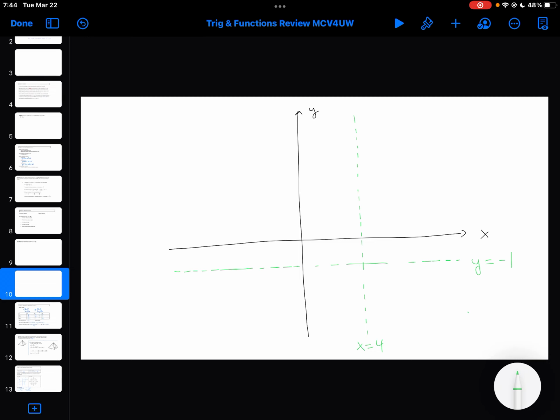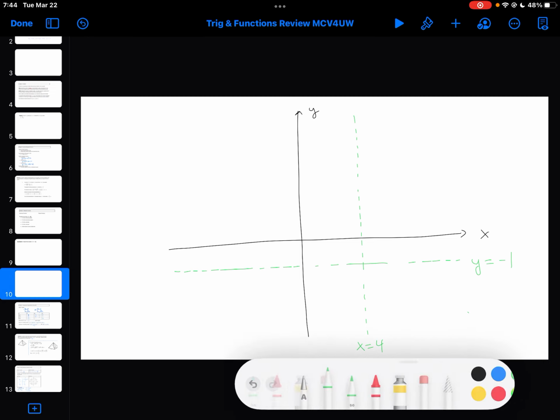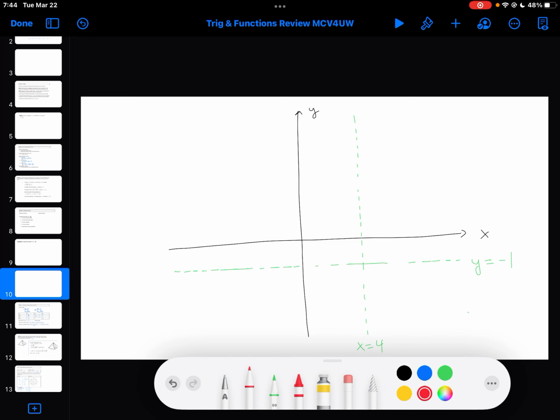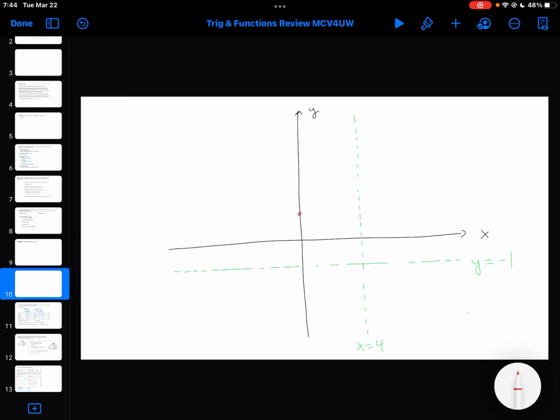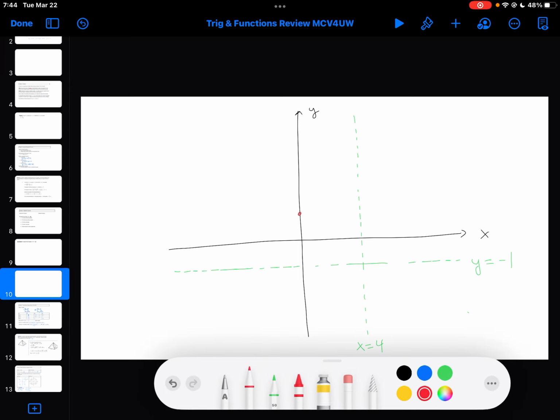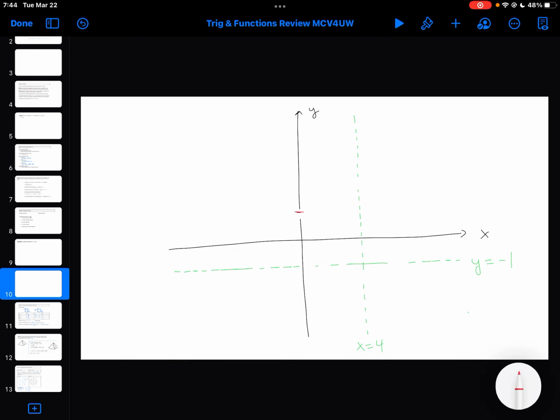The other two things that I know are my x-intercept and my y-intercept, so I'll plot those in red. My x-intercept, I got that backwards. My y-intercept is right here, which is, let's see, if this is 1, this is minus 1, that would be a half.